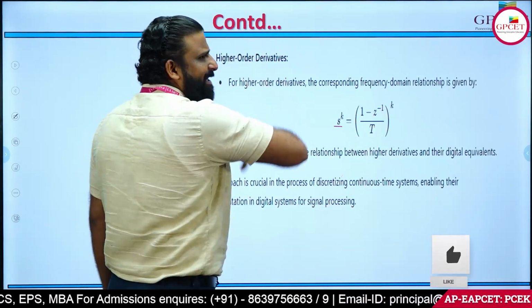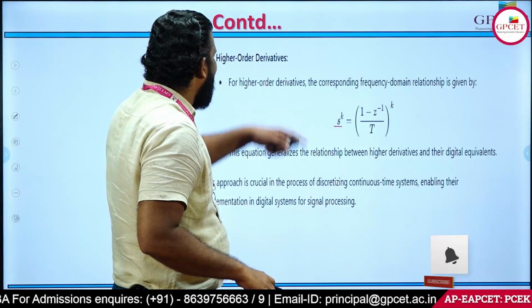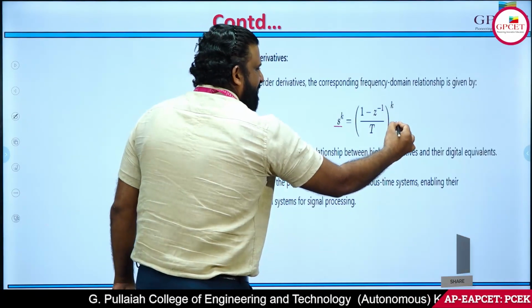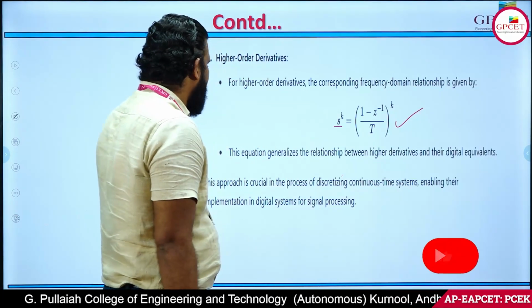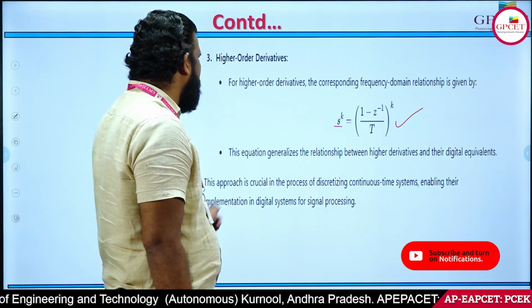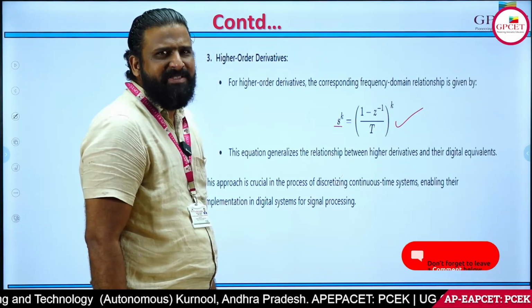Here this is the higher order derivative, so for a higher order derivative the corresponding frequency domain relationship is this one. With this condition, continuous time signals can be converted into discretized time signals.